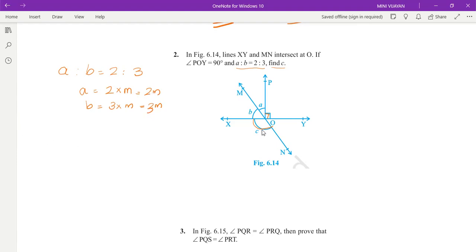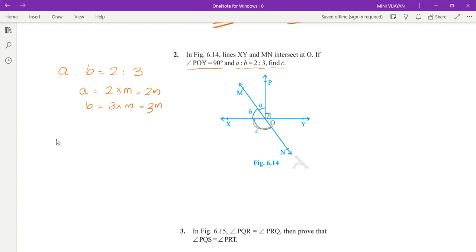Now we have to find C here. Before we find C, we have to find the exact measures of A and B. In order to find the measure of A and B, which property will you apply? You need to check what is given before that ratio. One more angle is given there, angle POY equals 90 degrees.